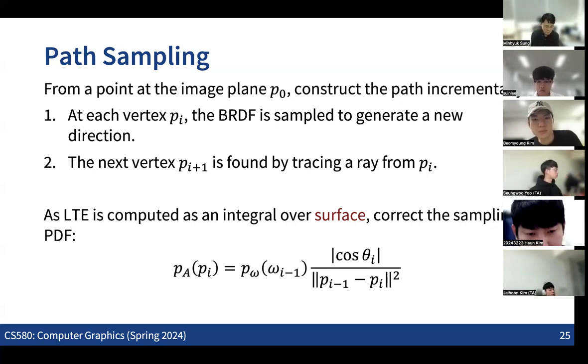So this is a high-level idea of how we can do path tracing. For more details, I recommend you check out the code.